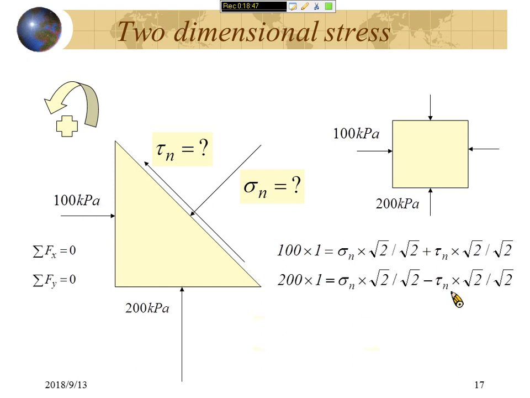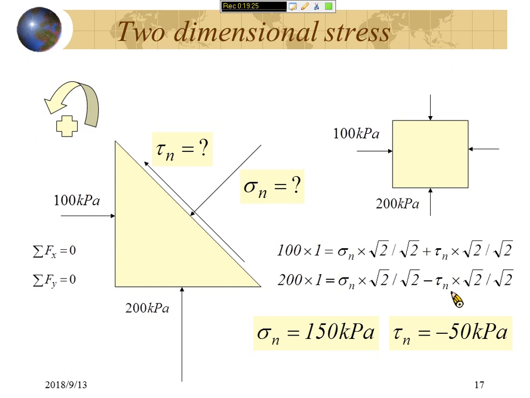I will quickly go through this, and I will not try to derive the equations because you can easily understand. The only thing I want to remind you is that every stress needs to be multiplied by the length of the acting area. For example, this equals 1, and the length of this equals 1, and the length of this will equal root 2. So you can calculate the force equilibrium, and you can derive sigma n equals 150, and tau equals minus 50.